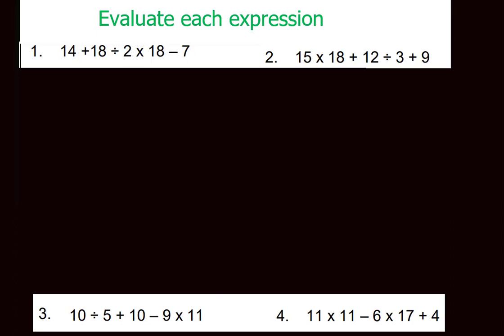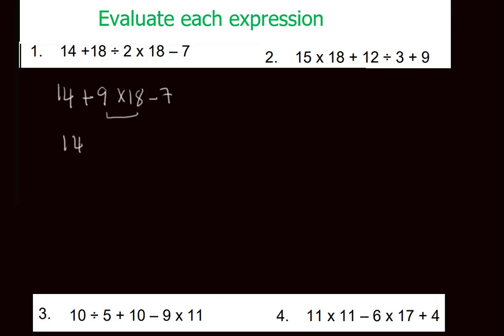So 14 plus 18 divided by 2 is 9. Then we will multiply by 18 minus 7. So now we will do the multiplication. We will multiply 9 and 18.